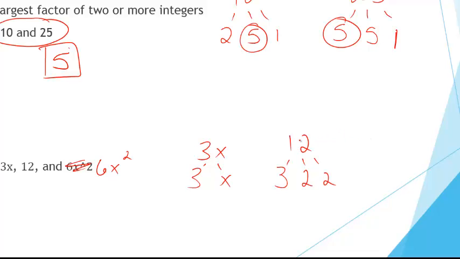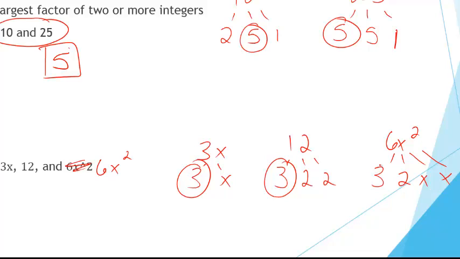And then the factors of 6x squared is 3 times 2 times x times x. So the greatest common factor that's shared between all of them is the 3, and that's it. So the GCF will be 3. Done.